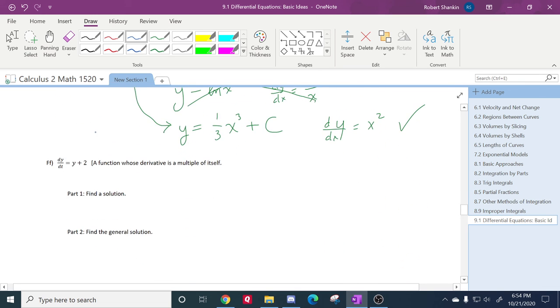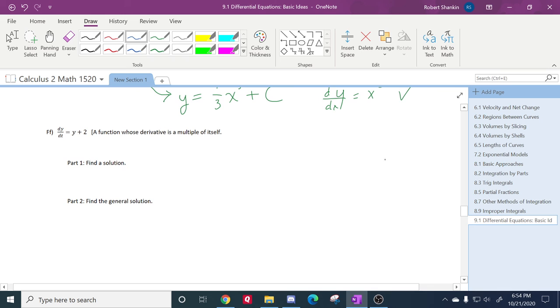All right. Now, part F, dy/dt is equal to y plus 2. So this one is a function whose derivative is itself plus 2.